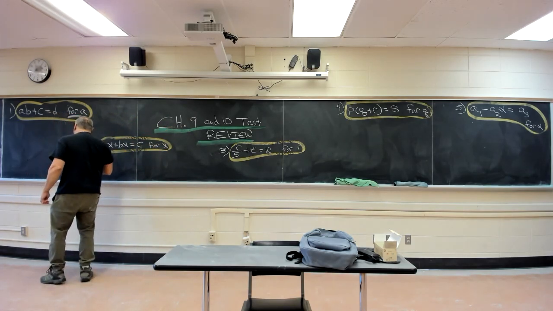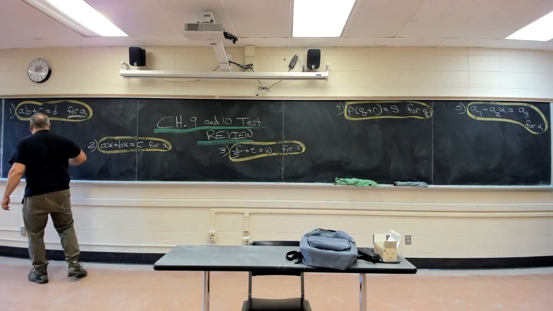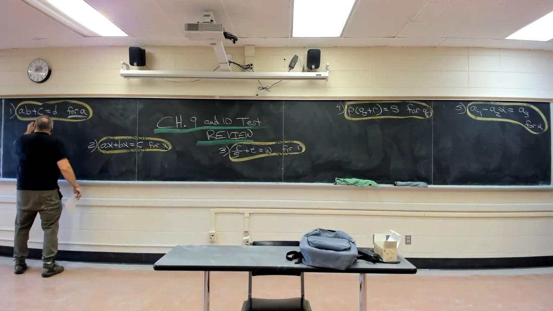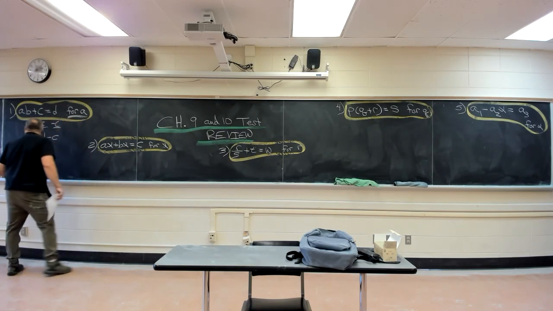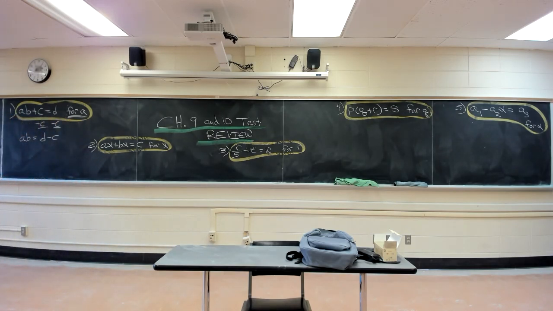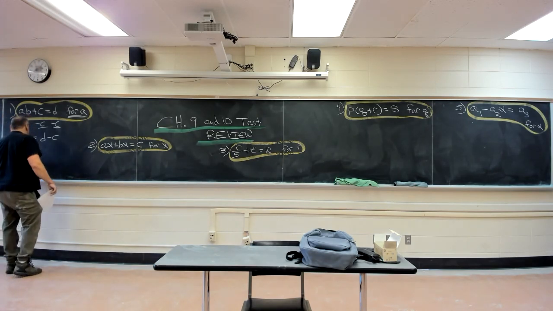Number 1, solve for A when you're given this. Well, tell you what, why don't you subtract C on each side? Add a negative C, or subtract C. You get AB is D minus C. When you get to here, well, solve for A, they say, right?